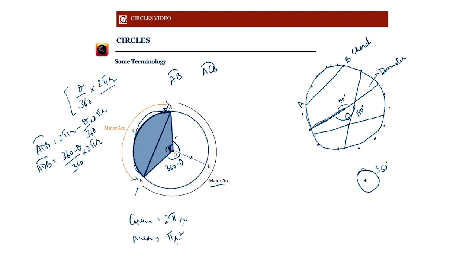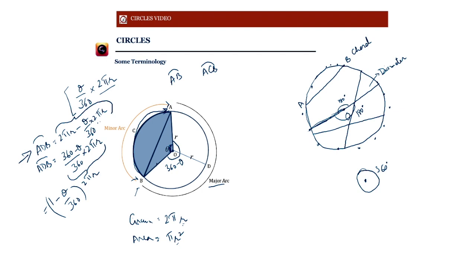Of course, you see that this expression is exactly the same as the earlier one, because if I open this up, I'll again get 1 minus theta upon 360 into 2 pi r, which is nothing but 2 pi r minus theta upon 360 into 2 pi r. We get this expression back again, right? All right.